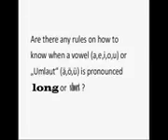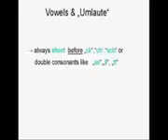So are there any rules on how to know when a vowel like A, E, I, O, U or an umlaut like Ä, Ö, Ü is pronounced long or short? Yes, there are. Always short are the vowels and umlaute before CK, CH, SCH, pronounced like K, H, and Sh, or before double consonants like SS, LL, TT.